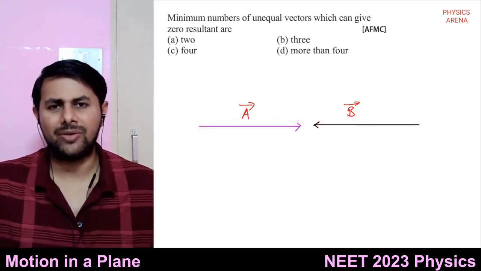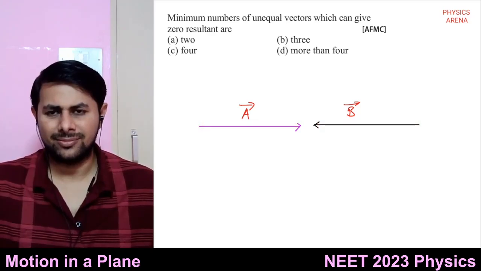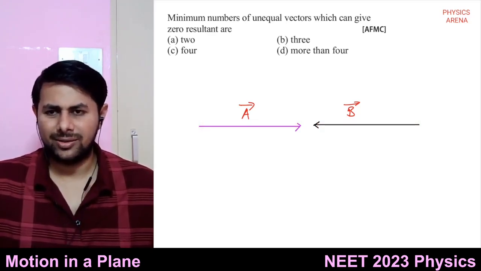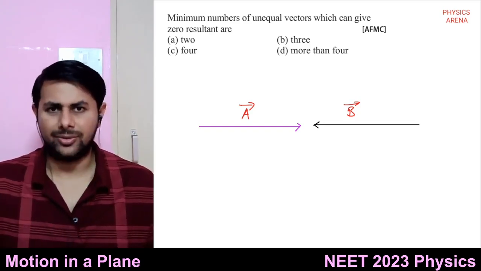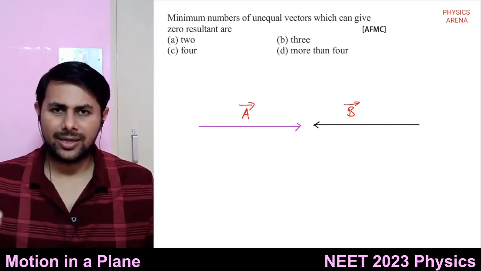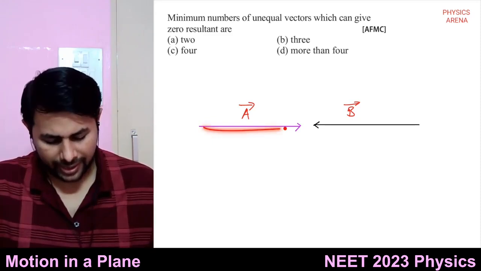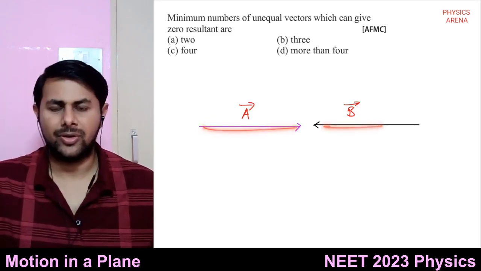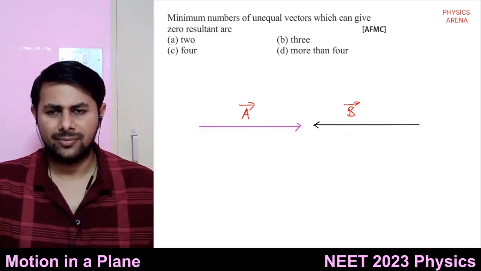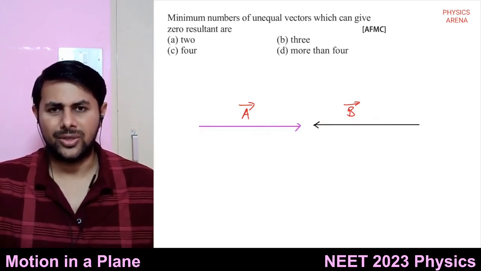So are they equal vectors? No, sir. They have the same magnitude, their length is the same, but they are directed opposite to each other, so they are not equal vectors. If you add A and B, what do you get? You will get 0, right?